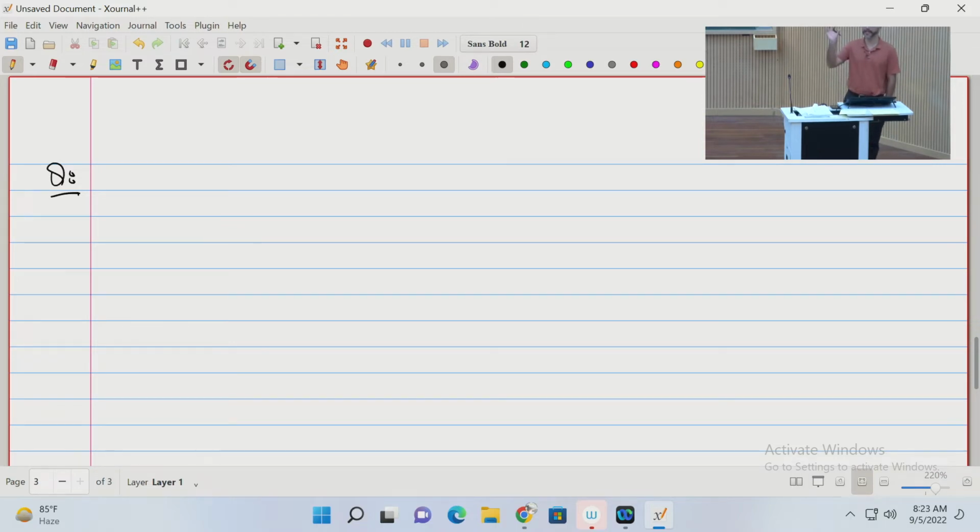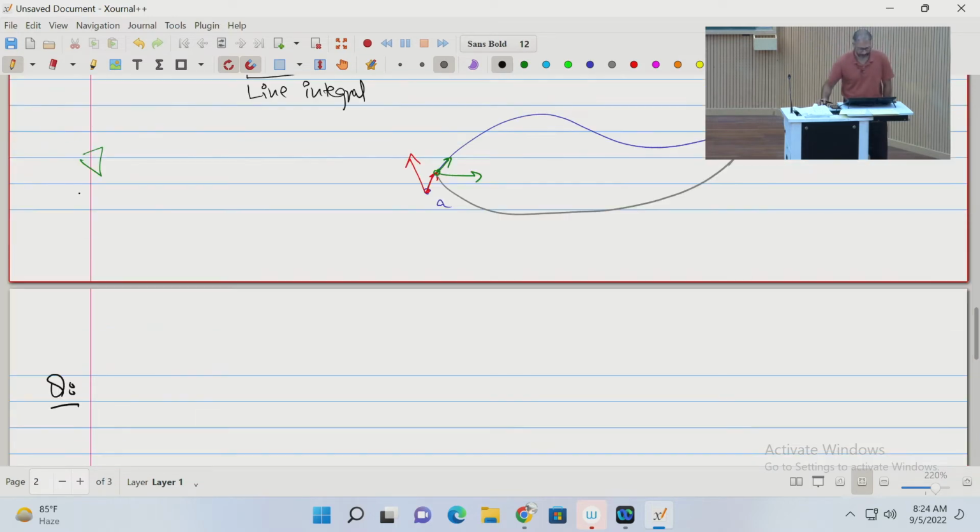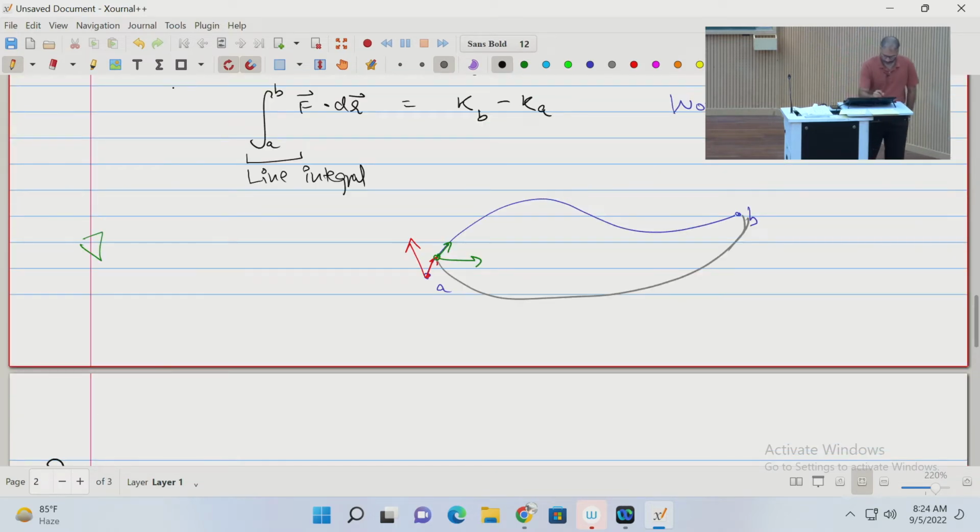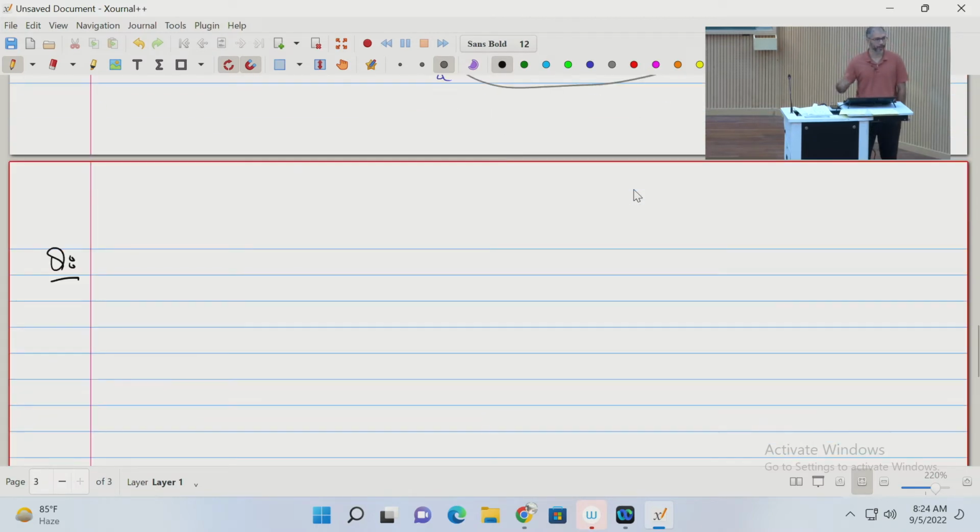That is, the change in kinetic energy is equal to the work done by the force F on the particle. So whatever work the force does, that results in an increase or decrease in the kinetic energy. If there is no work done, the kinetic energy will not change.